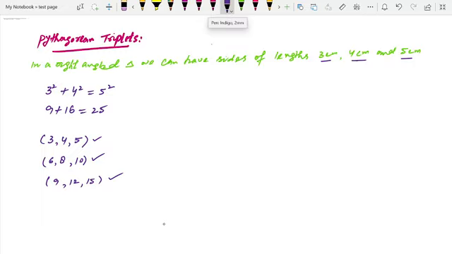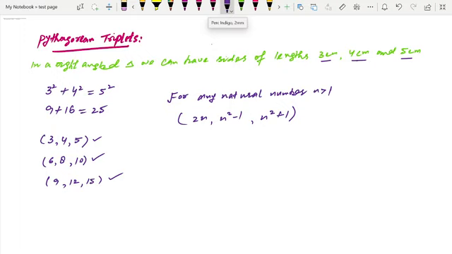So we will write that general form. Do note that for any natural number n, where n is greater than 1, this is a condition, this triplet of numbers in general, 2n, n square minus 1 and n square plus 1, correct?